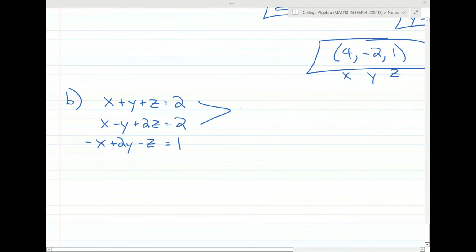If we just add them together, x plus y plus z is equal to 2. X minus y plus 2z is equal to 2. Add them together, you get 2x plus 3z is equal to 4.